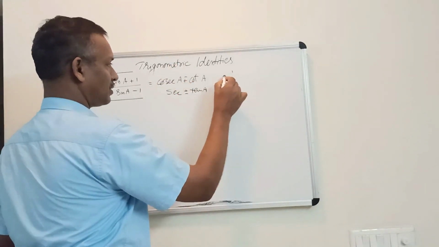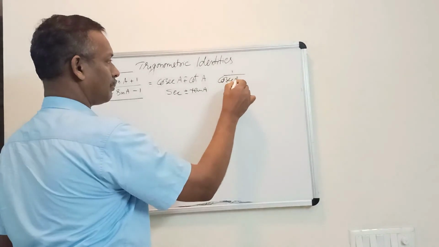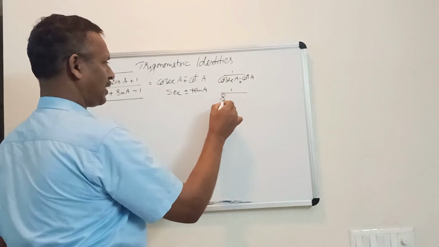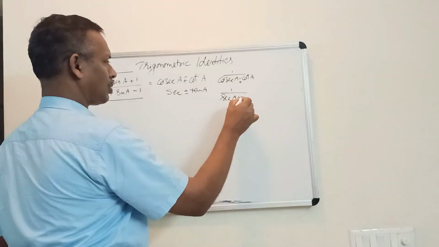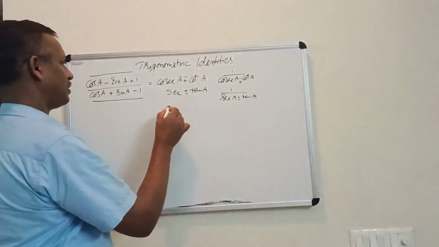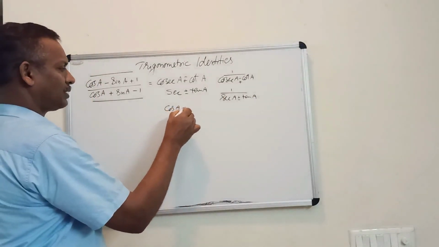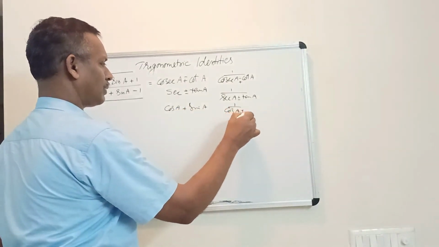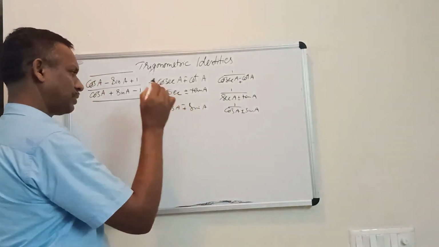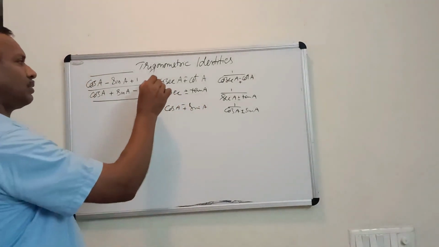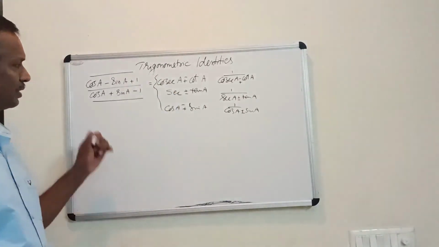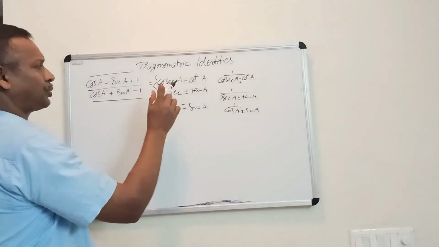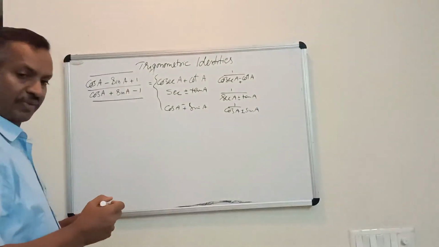Sometimes the answer is like this: cosec A minus cot A or plus cot A, 1 upon sec A plus or minus tan A, or the answer will be in cos plus sin, or 1 by cos plus or minus sin. Here also minus can come. So these are the possible proofs we have to convert this to. And in this question we are asked to change to cosec and cot. That we can discuss now.